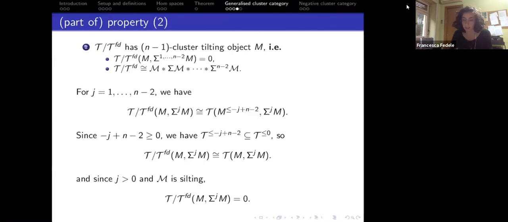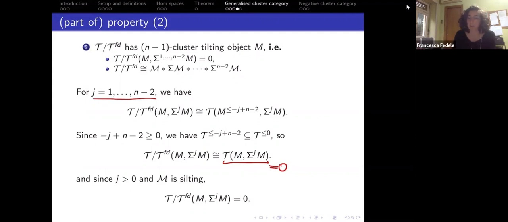And then as the last step, this choice of j is always positive. Well, it's between 1 and n minus 2. And so since M is silting and j is positive, that means that this T of M comma sigma j of M is 0. And so combining this with this isomorphism, we end up saying that T over TFD of M comma sigma j of M is 0 for j between 1 and n minus 2, which is what we wanted for the first half of this property.